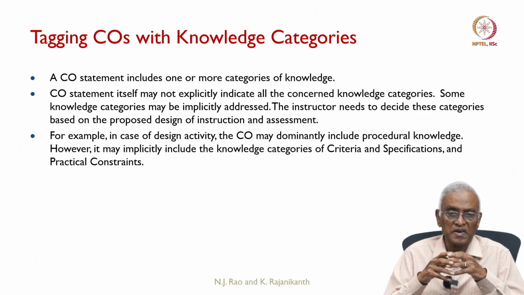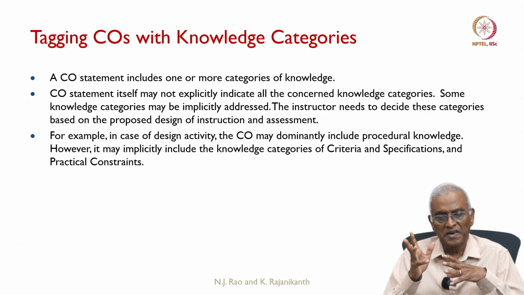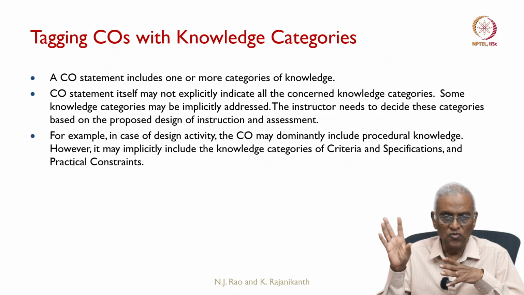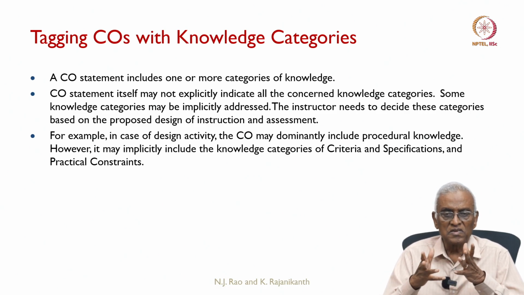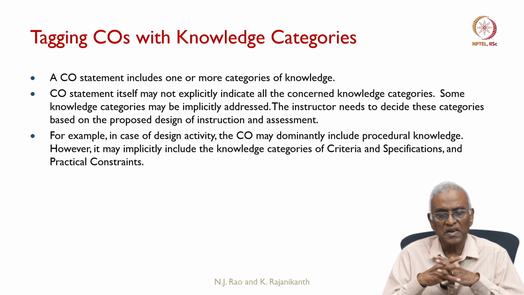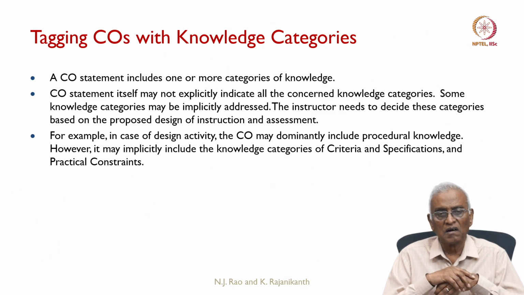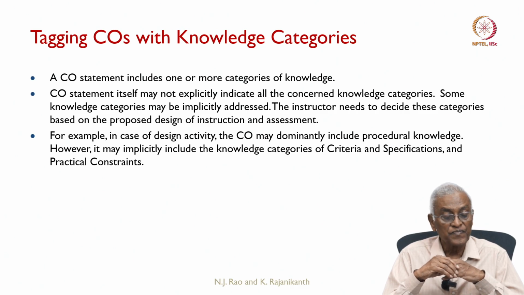It can deal with conceptual, it can deal with factual, it can deal with procedural, and depending on what you want, it can also have metacognitive, and then you can add the 4 Vincenti categories of knowledge as well. So depending on the CO, or what you have in mind, you should decide which are the knowledge categories. A CO can be tagged with all those varieties. You also use some acronyms for that.